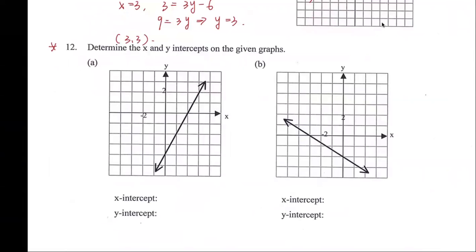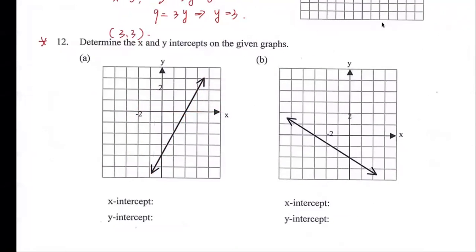So the x-intercept is just the intersection of the straight line and the x-axis, which means this point is the x-intercept. So this point is the x-intercept.